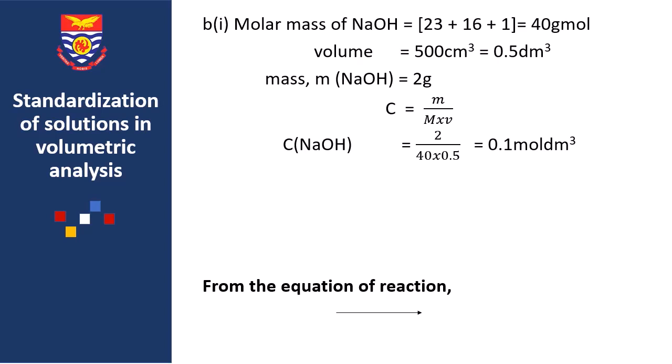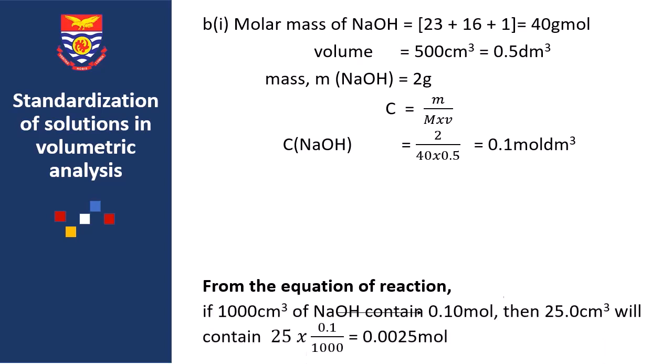So we find the amount concentration of the base, and when we have that, for example, what we have here is 0.1 mole per dm cube. What it means is that 1000 centimeters cube of the base contains 0.1 mole.